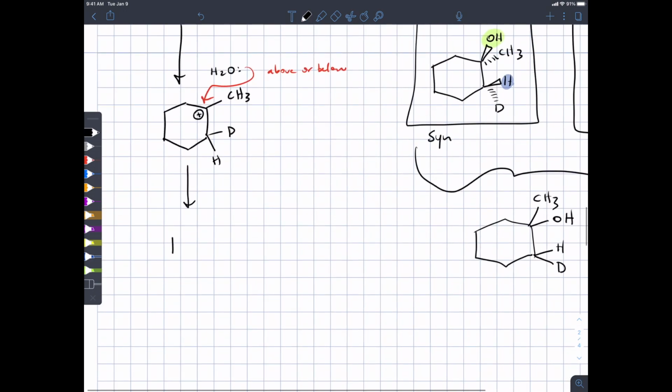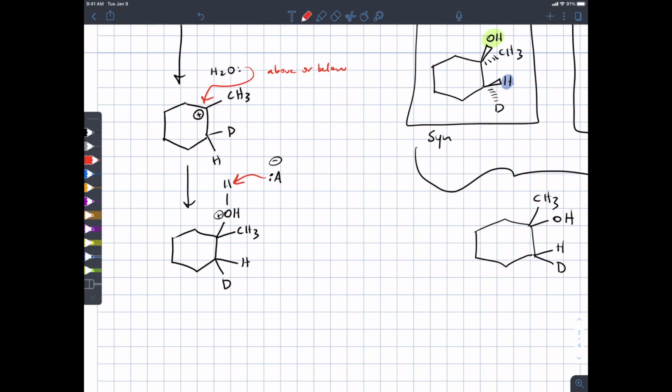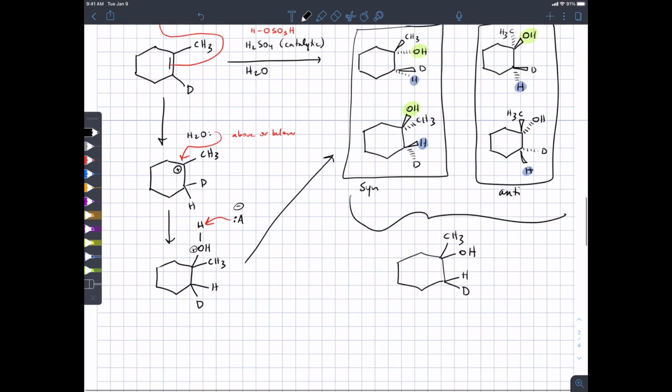You would get an intermediate oxonium ion that looks like this. And then the conjugate base of your acid would remove the proton from the positively charged oxygen to give you these products, along with your regenerated acid, HA.